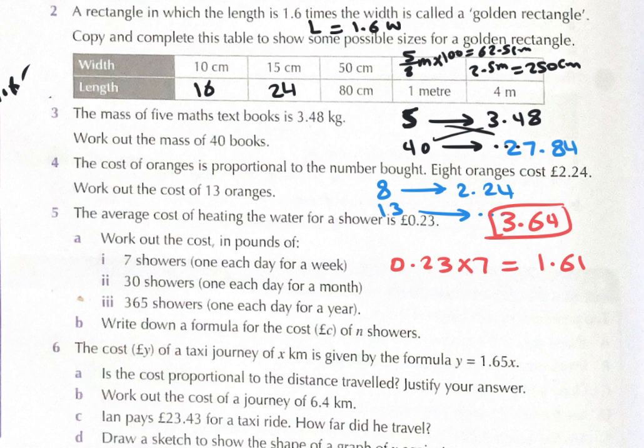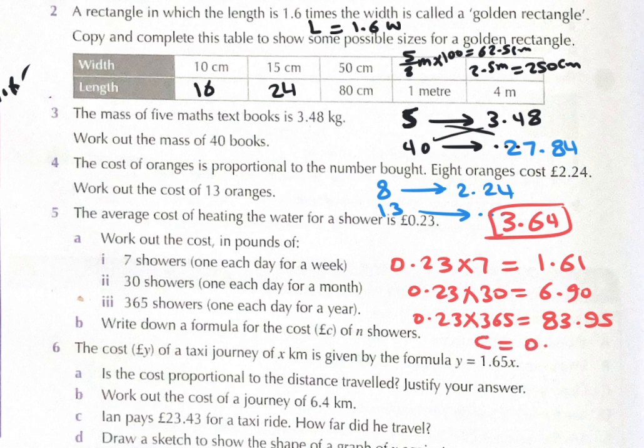Okay. 0.23 times 30 is 6.90. Next one, 0.23 times 365 equals 83.95. Now write down a formula for the cost for n showers. So the cost C equals 0.23n.